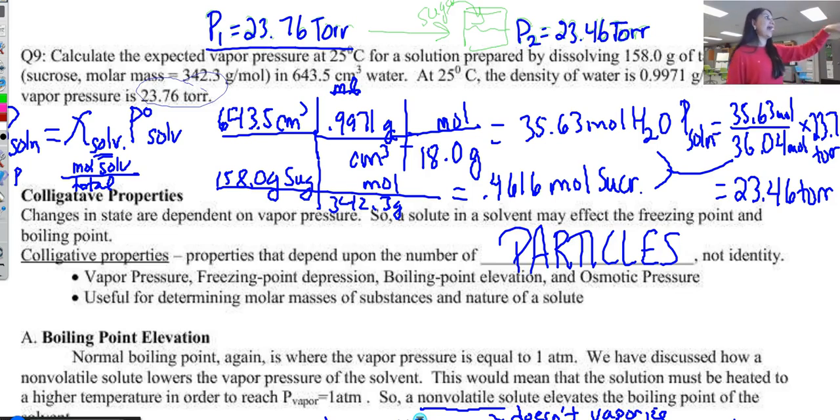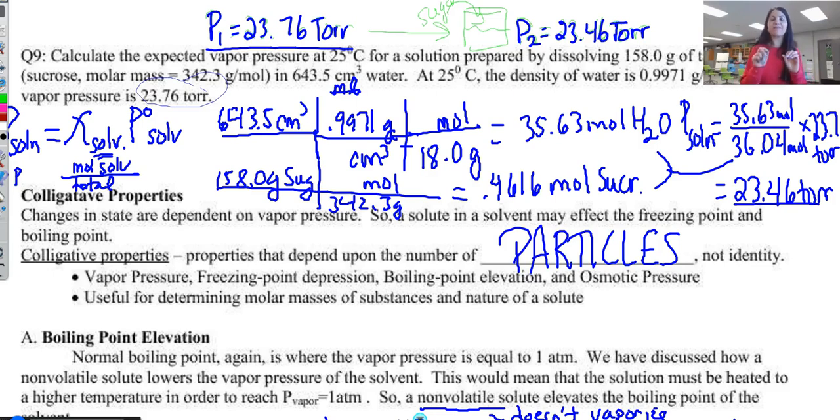And so I did that. I showed both of those calculations. Then I do the calculation for the vapor pressure of the solution. Bottom line is, by adding 158 grams of the sugar, it barely changes. It ends up being 23.46 torr. It was 23.76.